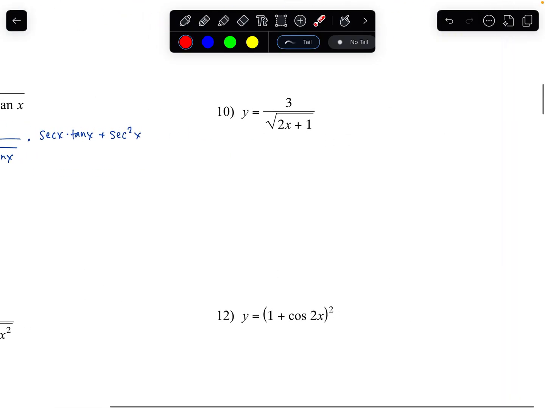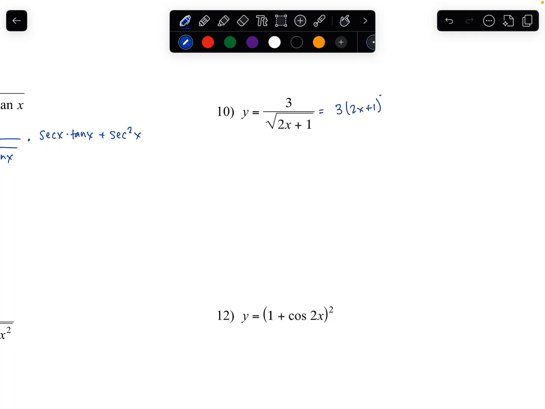For 10, I would probably rewrite this one. I would rewrite this as 3 times 2x plus 1 to the negative 1/2, because we know that the square root is power 1/2, but bring it to the numerator. This is just so I can use the power rule. And so I'll use the power rule. I'll bring the 1/2 in front.